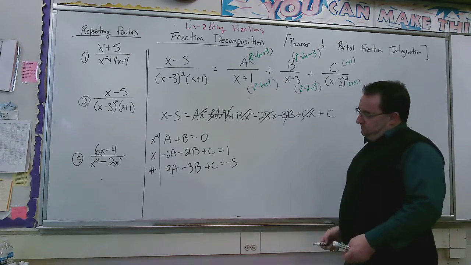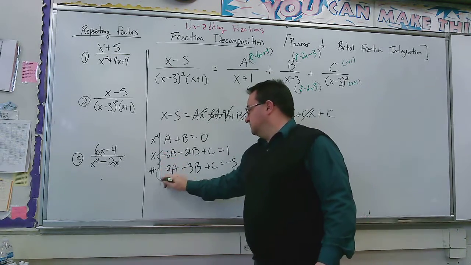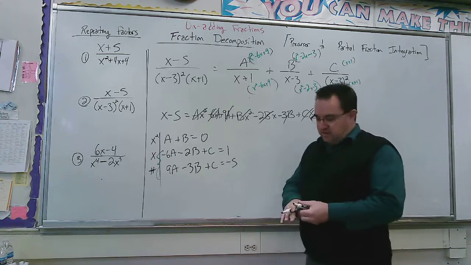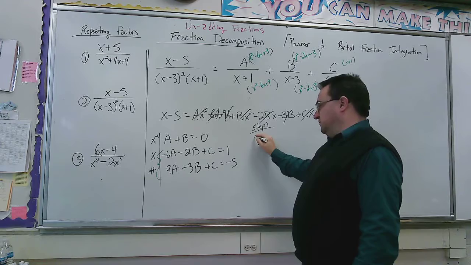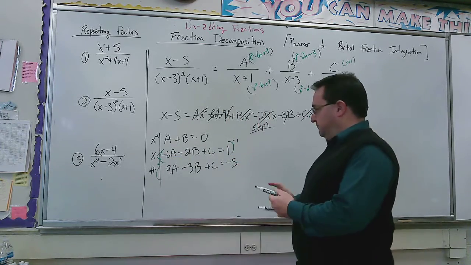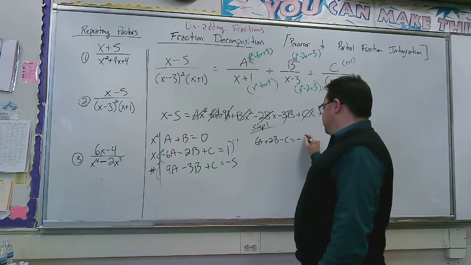So for this problem, I would grab these two right here, multiply this one by minus 1 so the c's drop out, and let's call that step 1. So if I multiply this by minus 1, I'd have 6a plus 2b minus c equals minus 1.